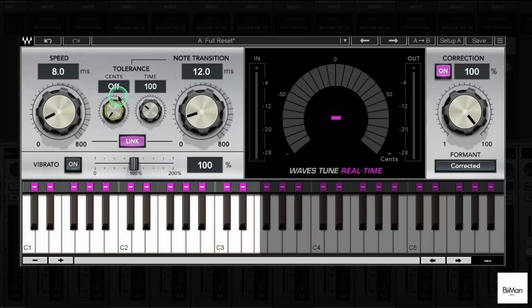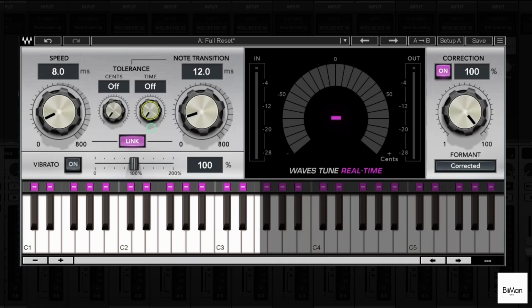This, just like the cents, is giving the plugin's algorithm some more tolerance, but instead of the tolerance being in cents, now it's in milliseconds. So with this, it means you've given the plugin's tuning algorithm an extra 100 milliseconds of inactivity before correction starts happening.